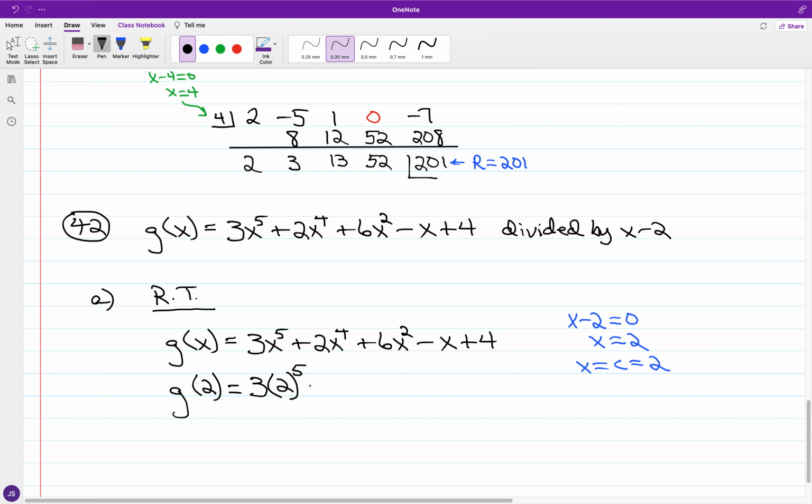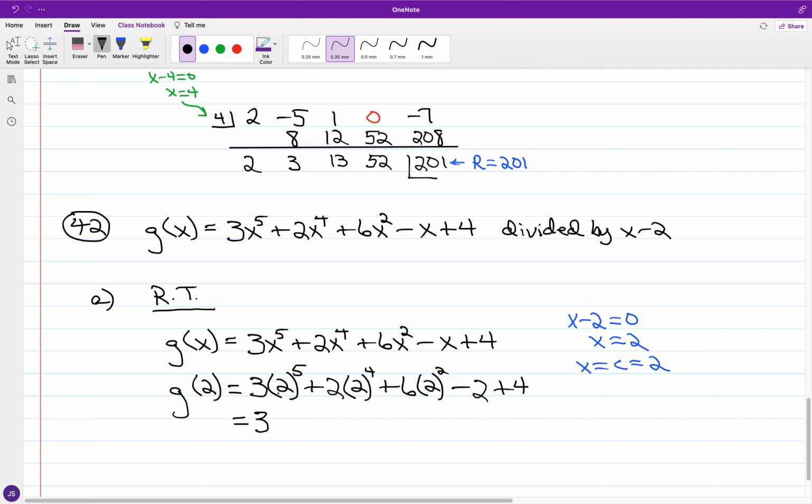So I have 3 times 2 to the 5th, plus 2 times 2 to the 4th, plus 6 times 2 squared, and minus x, this will be minus 2, plus 4.